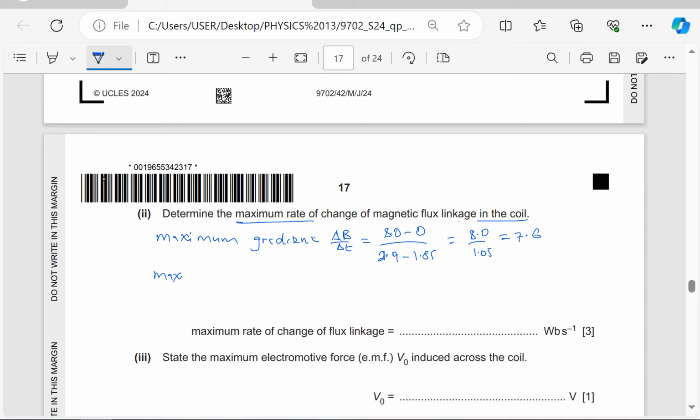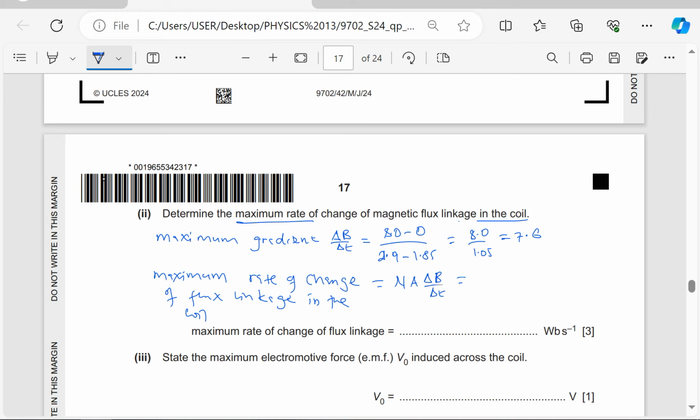So the maximum rate of change of flux linkage in the whole coil would now be equal to the number of turns times cross-sectional area times this gradient here.